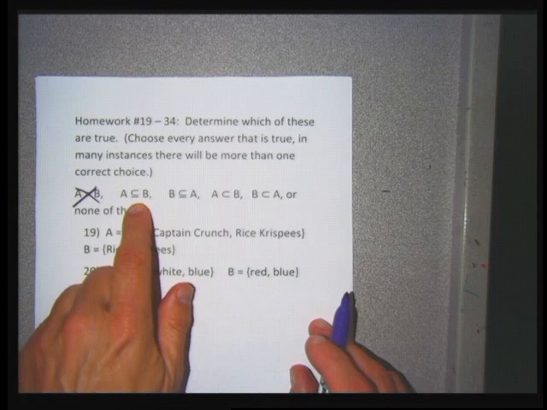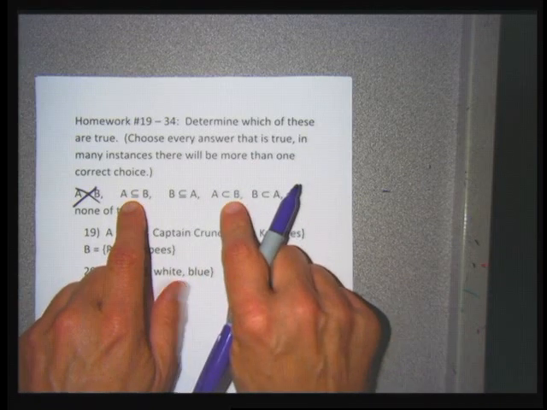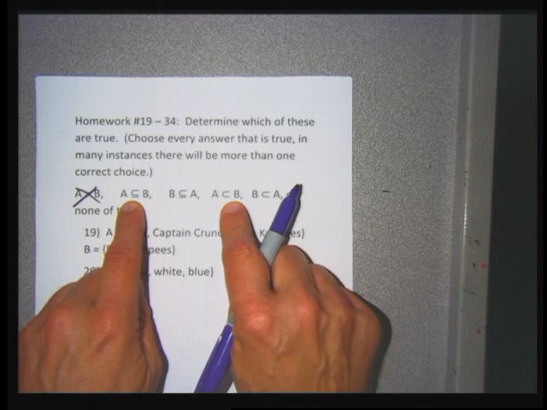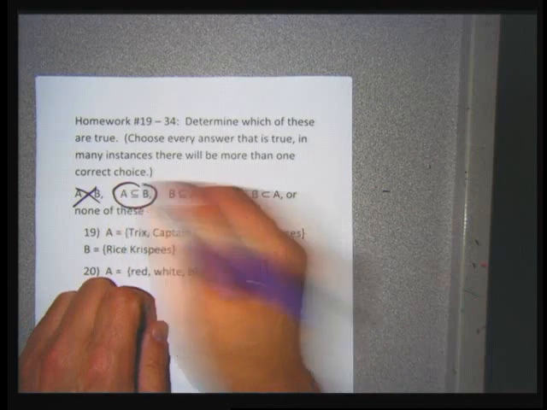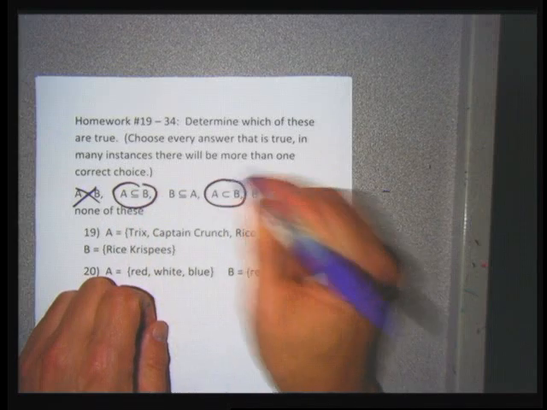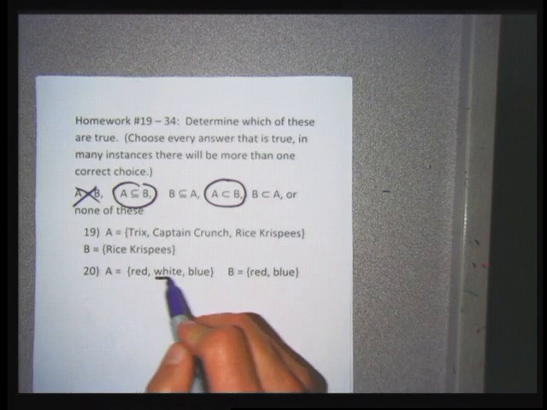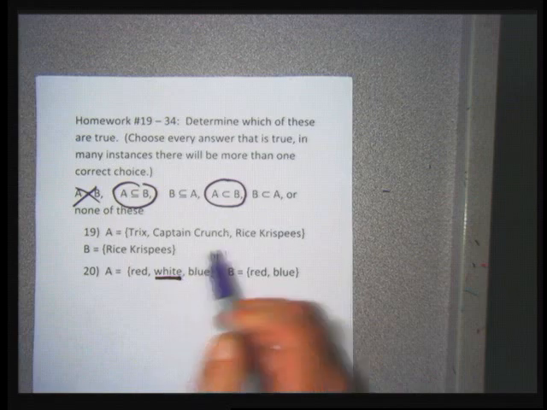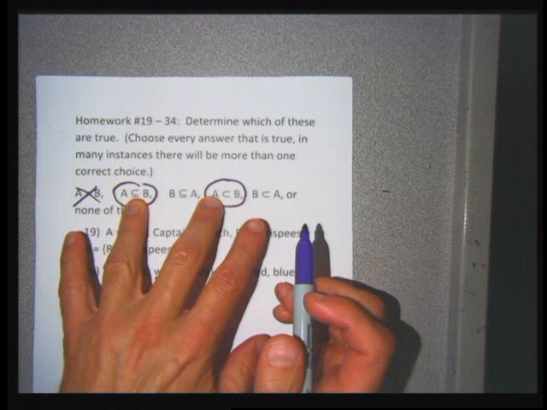The two containments, A is a subset of B and A is a proper subset of B, need A to be contained in B, so I'm going to simultaneously check these without showing as much detail as I did in my examples. Both of those are going to be false because for A to be contained in B, everything in A needs to be contained in B. These have two of the same rules.